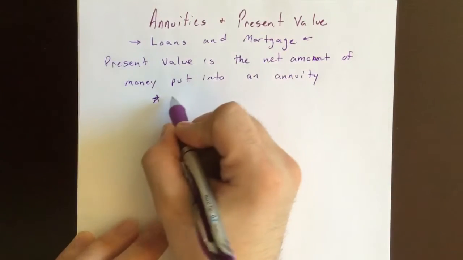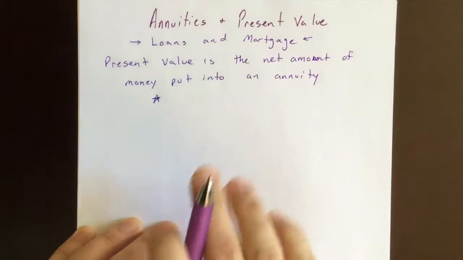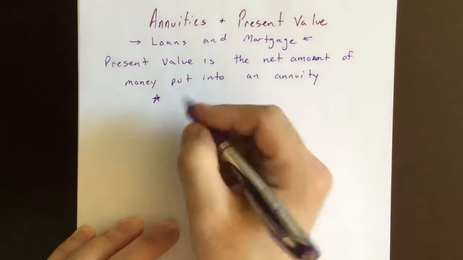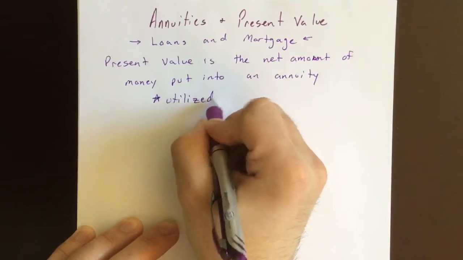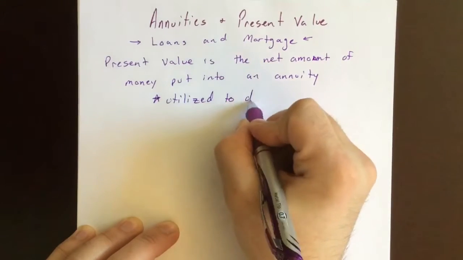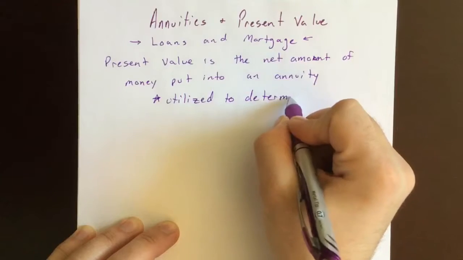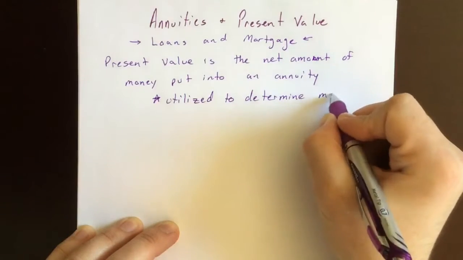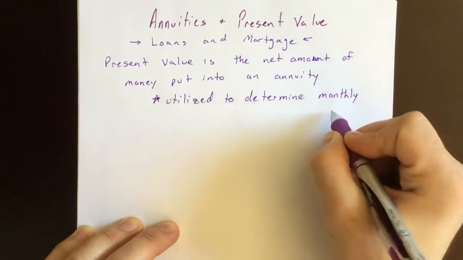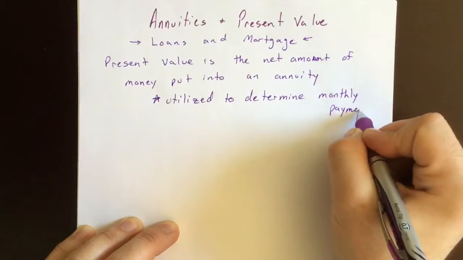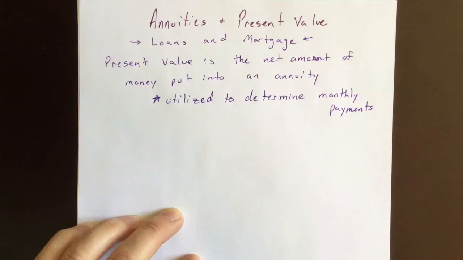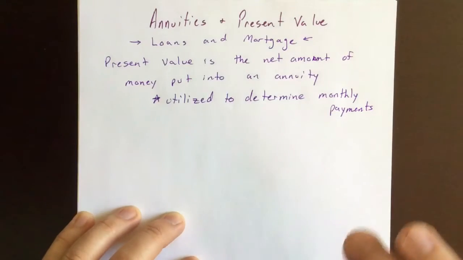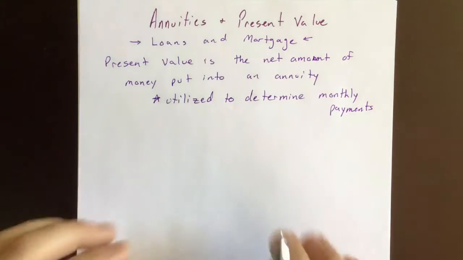This present value formula that I'm about to share with you is utilized mainly to determine monthly payments, whether it be monthly payment for a vehicle or for a house. This is going to be used mainly for that.